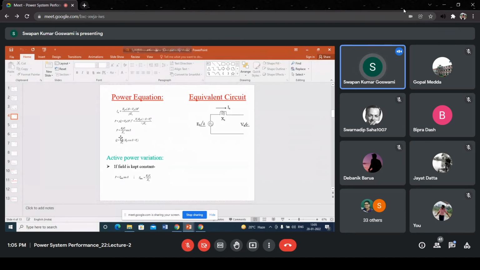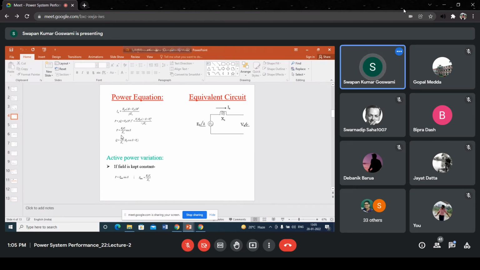So you see that EF is the induced EMF. If we assume that the field current is constant, we are not controlling the field current, we are not changing the field current, then obviously EF will be constant. Vt is representing the infinite bus voltage. That is a constant voltage.